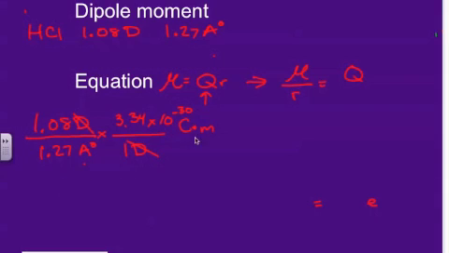Angstroms and meters both represent length, but they're not compatible. So I'm going to have to convert angstroms to meters. Since angstroms are down here, I want to put the angstrom label up here. If I have 1 angstrom, I have 10 to the negative 10th meters. So now meters can cancel out. I want my answer to still be in e here.